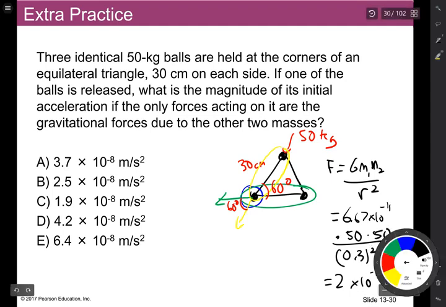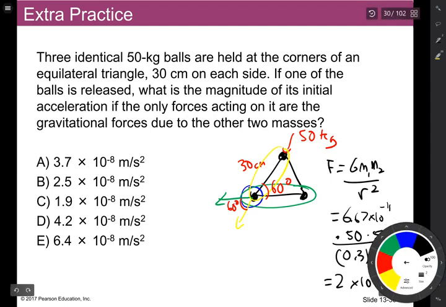Easiest way, I think, is to take this and break it up into components, right? This angle in there must be 30 degrees, right? So this right here is 2 times 10 to the negative 6th sine of 30 degrees. And this right here is 2 times 10 to the negative 6th cosine of 30 degrees.